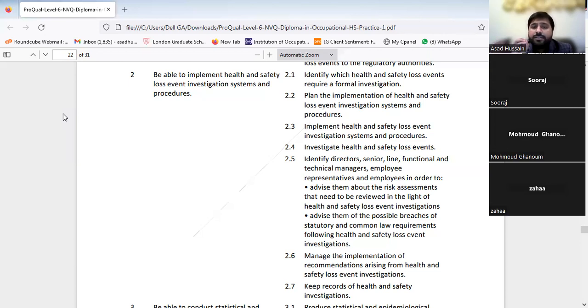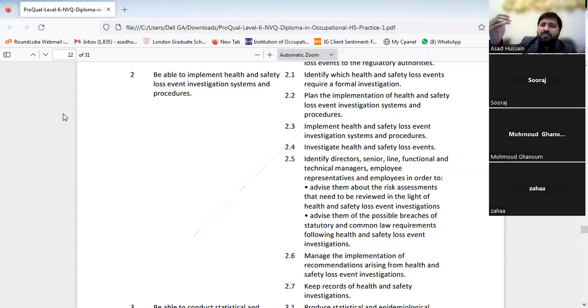But in 2.3, it is asking about implementing them. So here you don't have to explain your plan. You only have to explain how you are going to implement that.